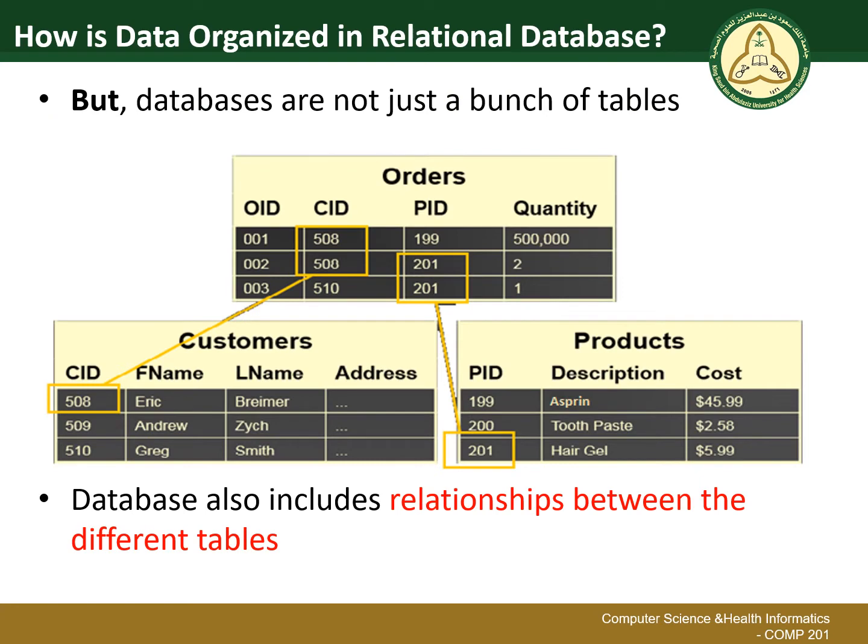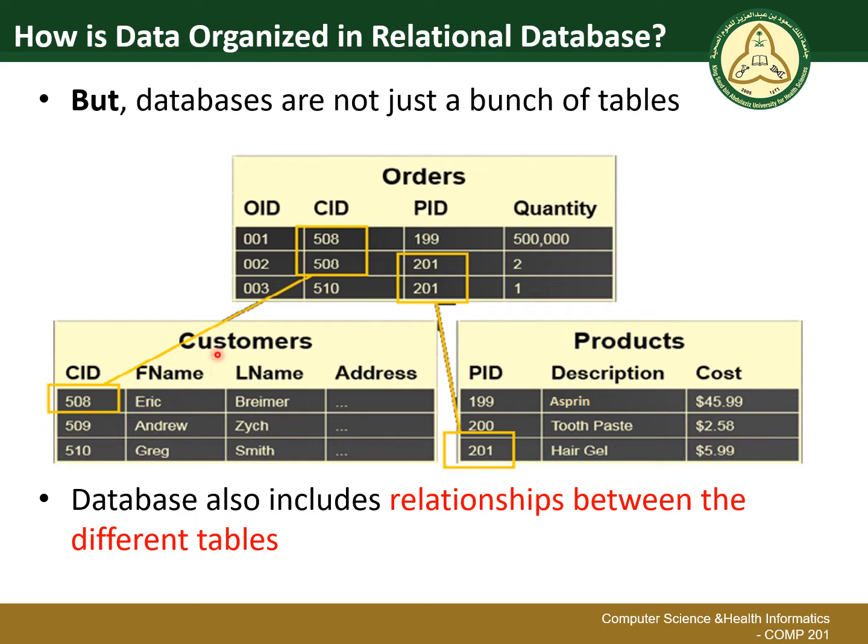So databases are not just a bunch of tables, they are related tables. So the database also will include relationships between the different tables. For example, here we have the customers table, which includes records about the customers.